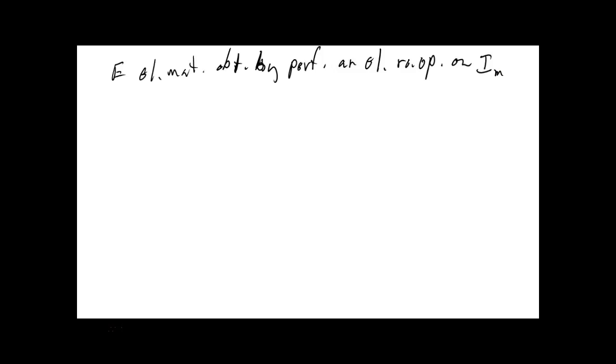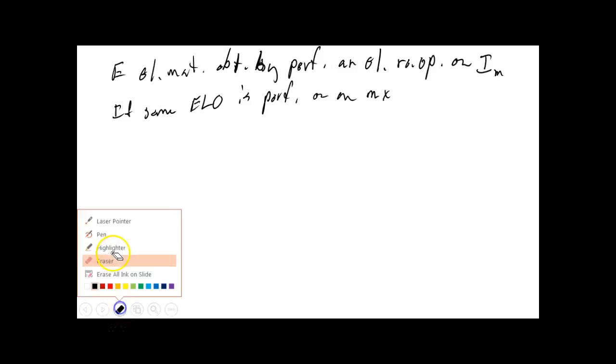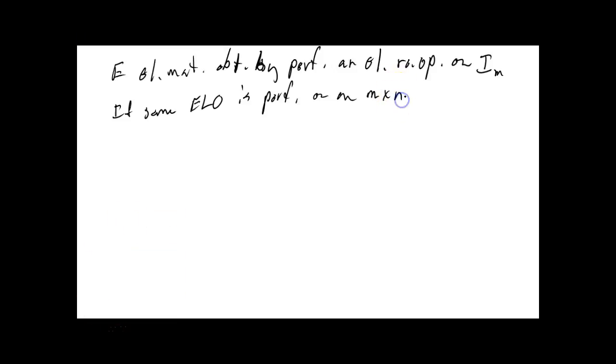If that same elementary row operation, I'm going to shorten this again, ELO, elementary row operation, is performed on an M by N matrix. Why they were doing N by N's before, now it's M by N's. It doesn't matter, they're just numbers. Oh, I'm sorry. Maybe this is the reason. Not on an M by M, but an M by N. Okay. Just like we did before.